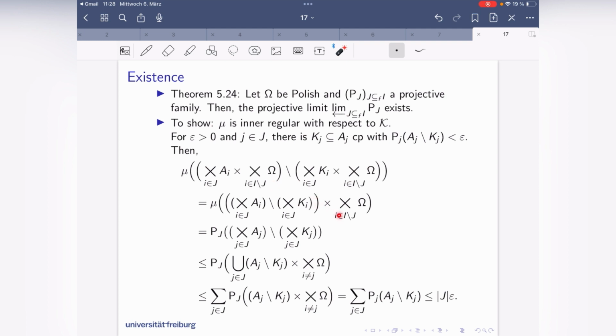We can also put them down below. And mu of something times the full set for the rest, that's just pj of the difference by definition. And here we have a product without the other product.